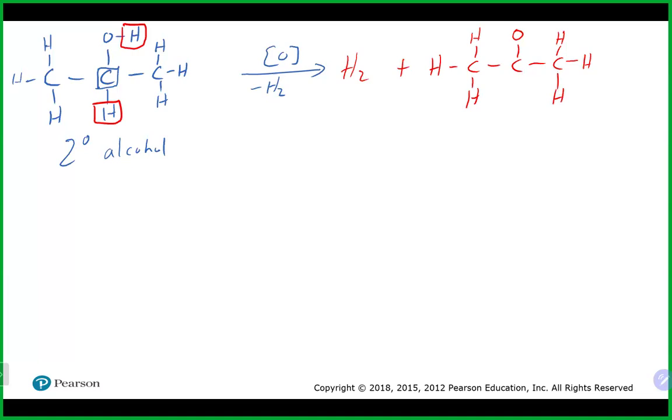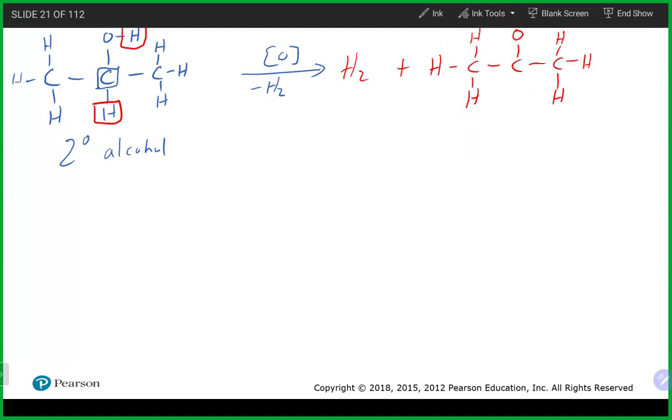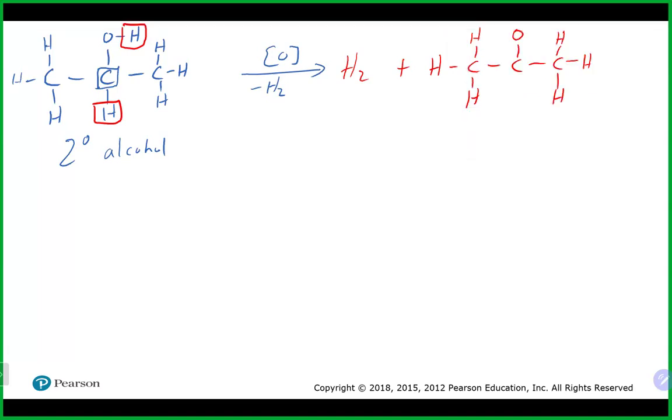The last thing I need to do now is put in a double bond between always the carbon and the oxygen, and there it is. That, by the way, is our friend, the ketone we just made. That ketone is 3 carbons in a row with a carbon-oxygen double bond. That is the functional group for a ketone.